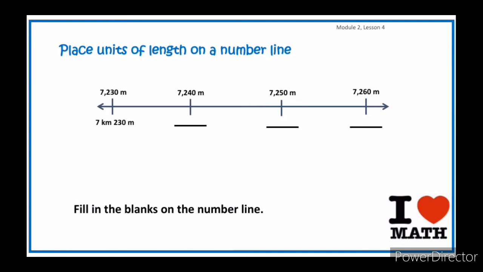Of course, you know that we have just 7,000 there, and that tells us how many kilometers we'll have. That is 7 kilometers 240 meters. And the next will give us what? Okay, 7 kilometers 250 meters and 7 kilometers 260 meters.